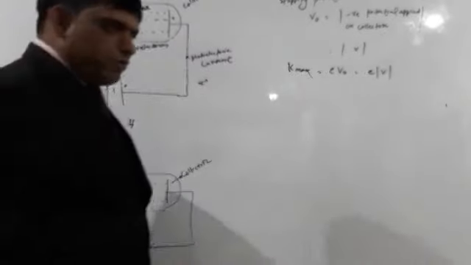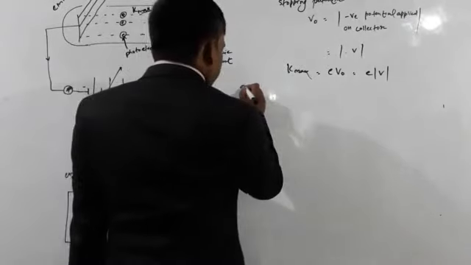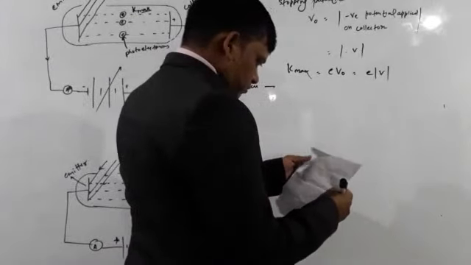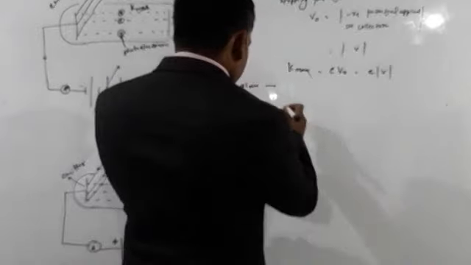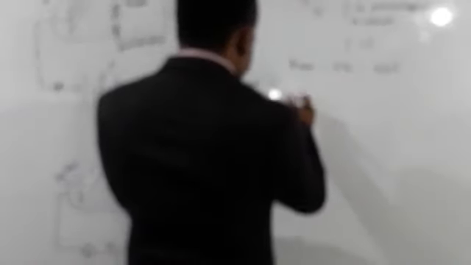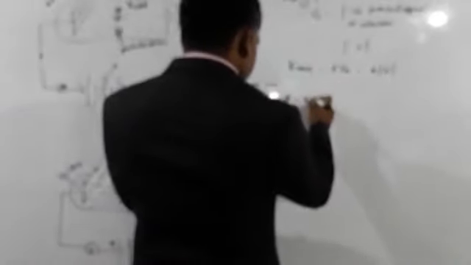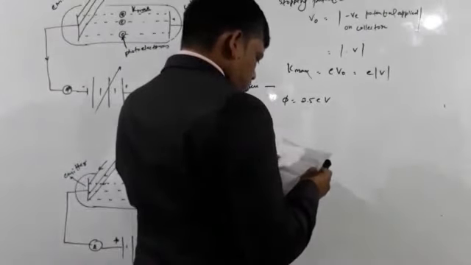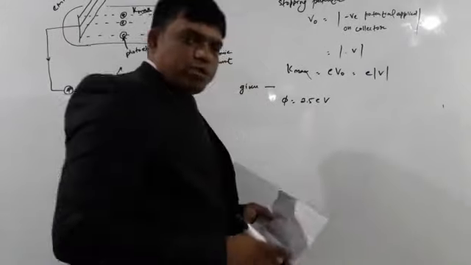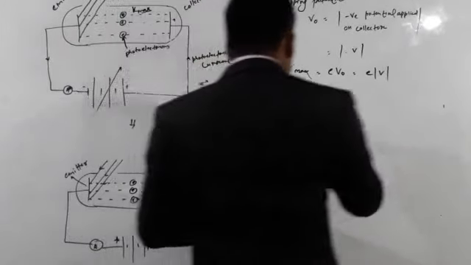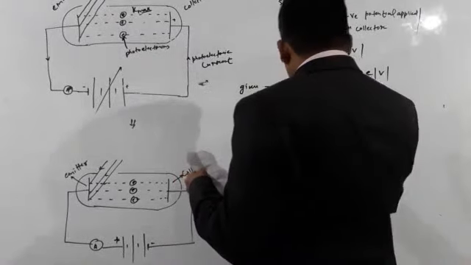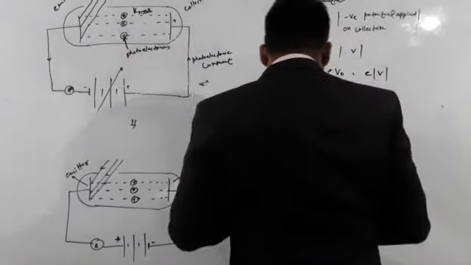Now according to the question, it is given that the work function of the metal is phi equal to 3.5 electron volt, and also the negative potential applied on the collector is given, V equal to minus 1.2 volt.